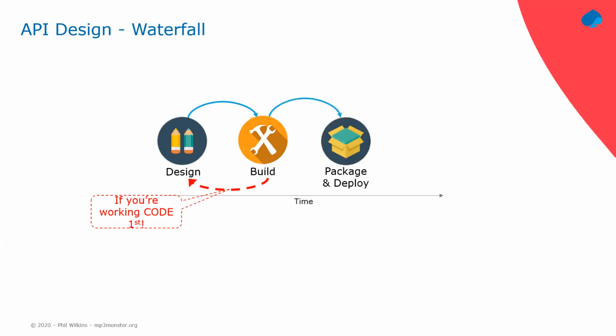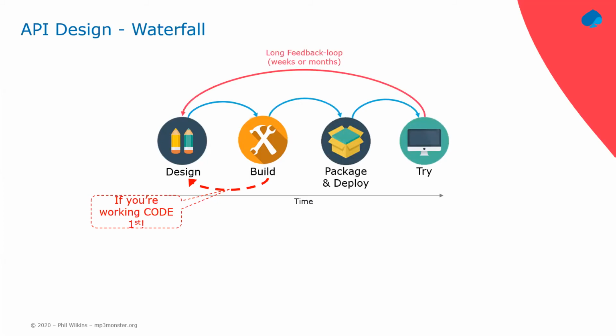Then we obviously, once we've got it built, package it and deploy it, try it out, test it, and then only then do we start to get feedback on the design, which is okay in constrained circumstances, but that feedback loop takes a long time before we find out whether the design is delivering what is needed.